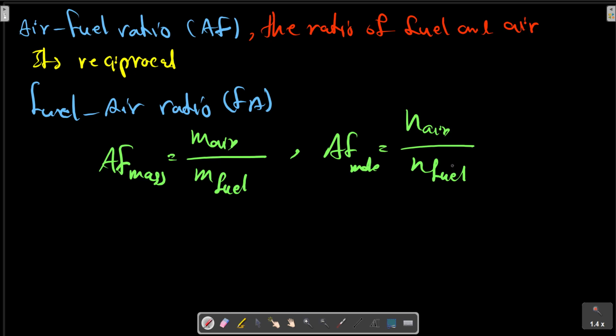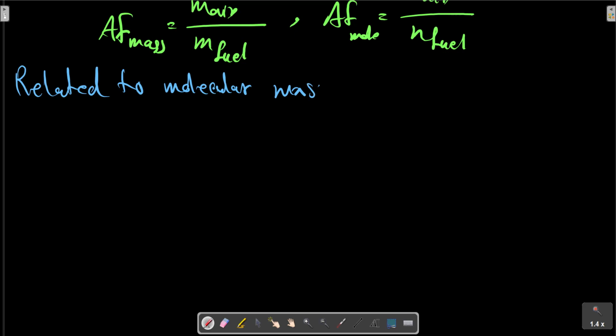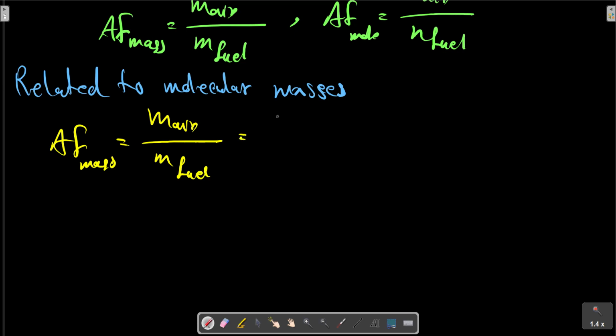They are related through the molecular masses as M air on M fuel equals N air on N fuel times M air on M fuel.